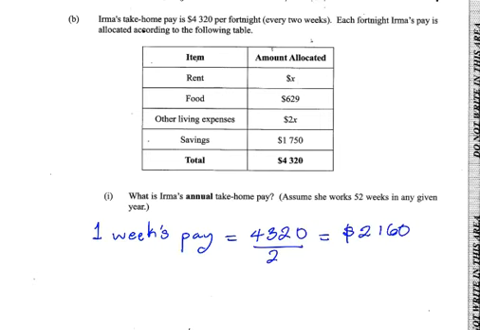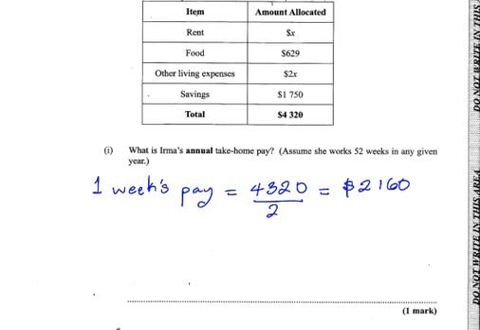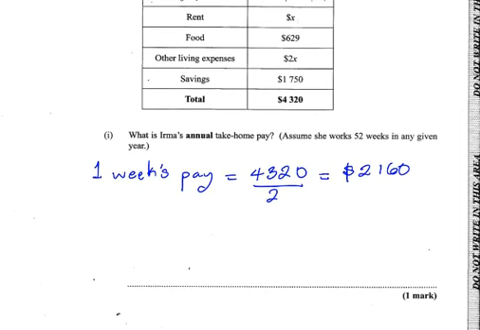So Irma's weekly wage is $2,160. If I know the amount I earn in 1 week, I can find the amount I would earn for 52 weeks by multiplying.